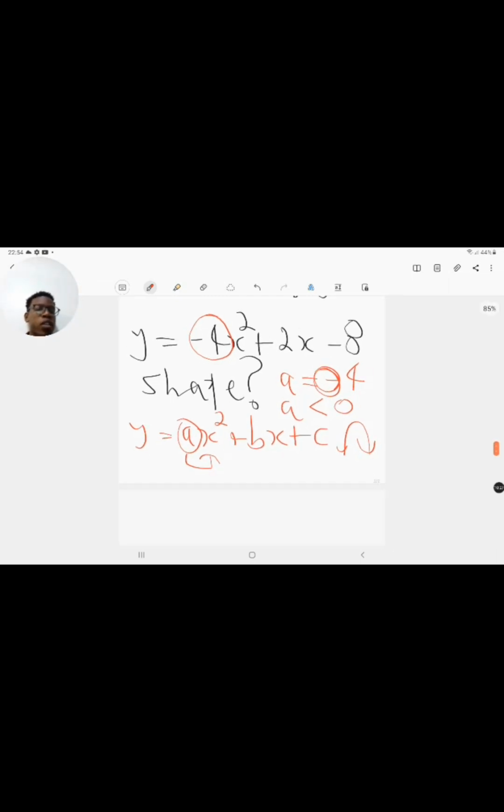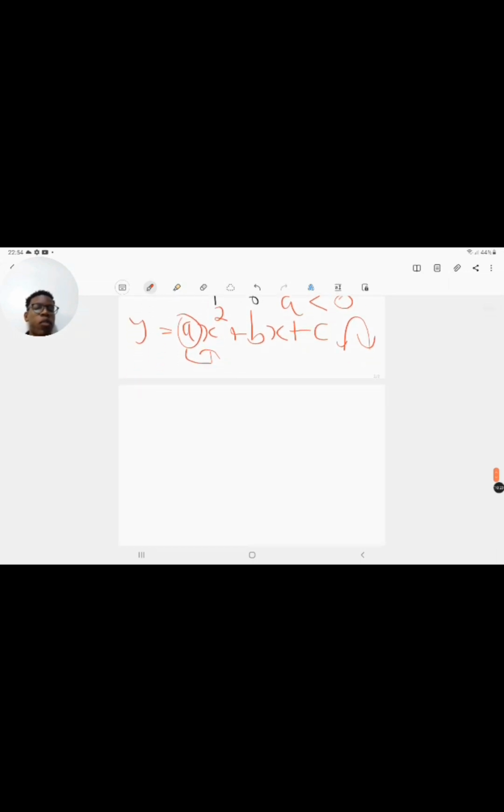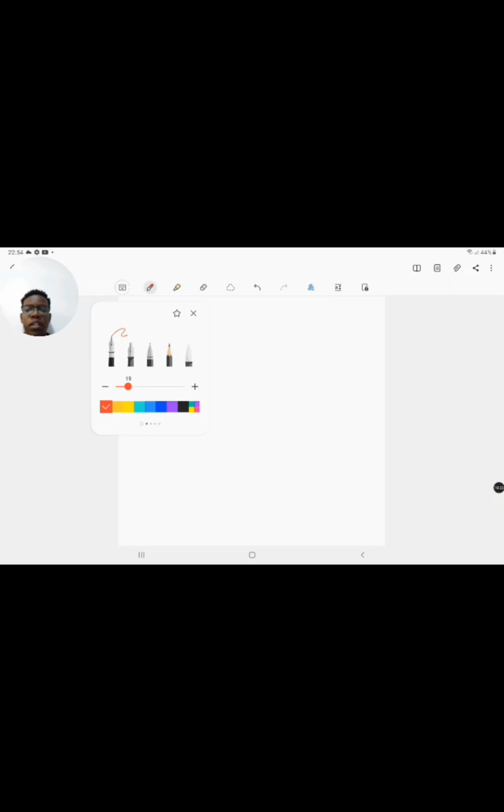Let's do one last quick example before we move on to B and C. I'm actually going to do B last. So let's say we've got y is equal to 10x squared plus 100.